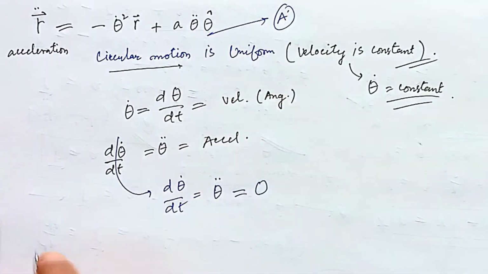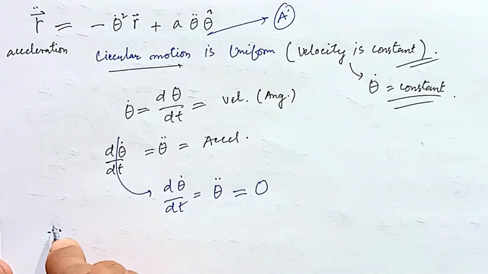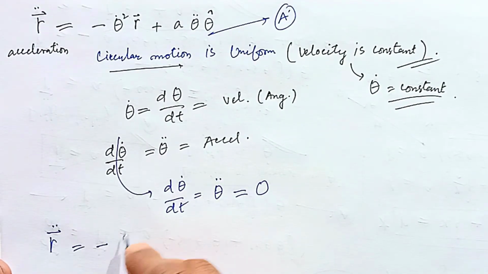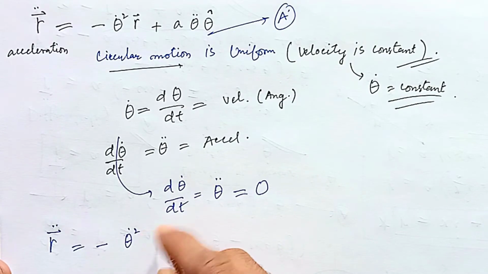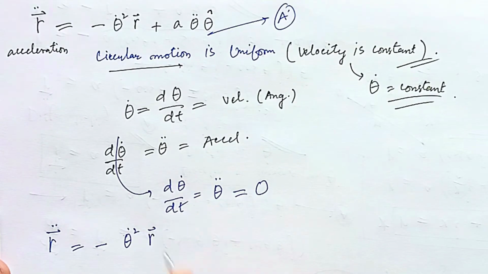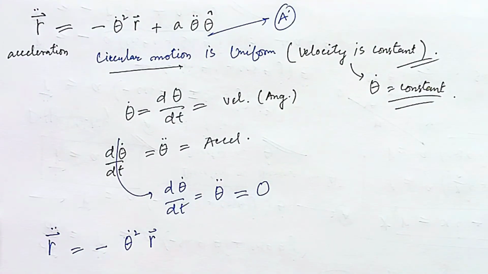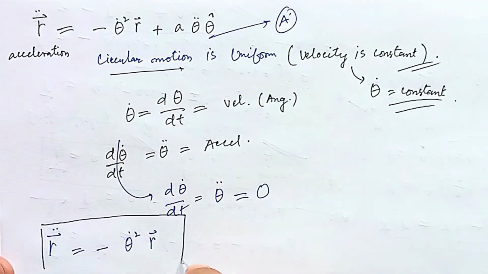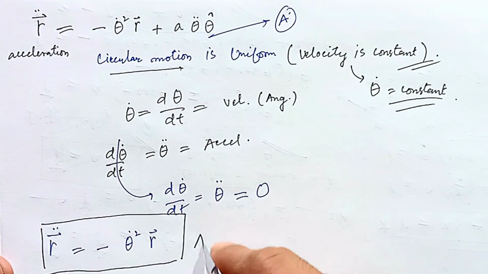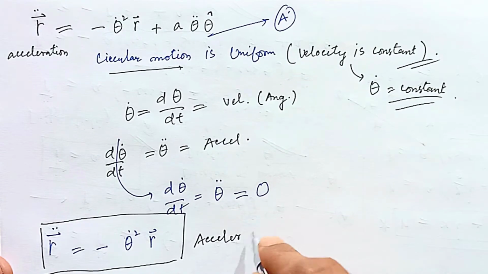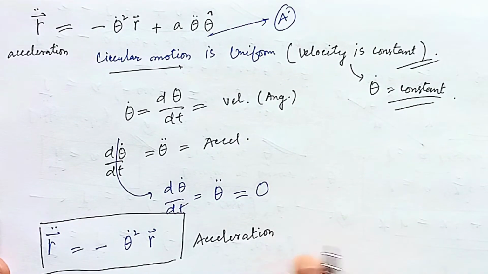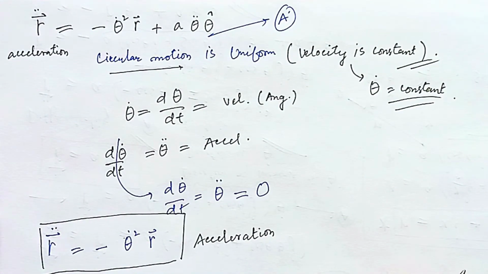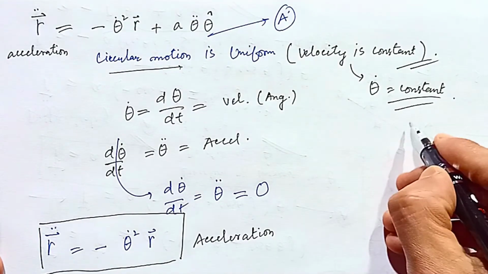So r double dot will be equal to minus theta dot square r vector. This will be the acceleration, even though the magnitude of the velocity is constant, but still there is an acceleration.